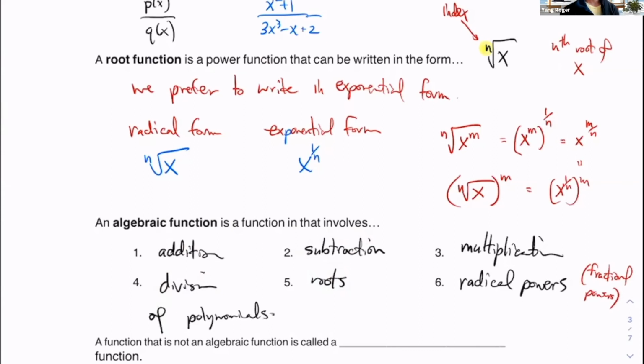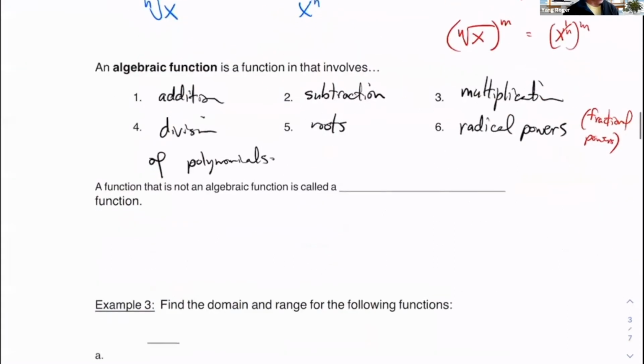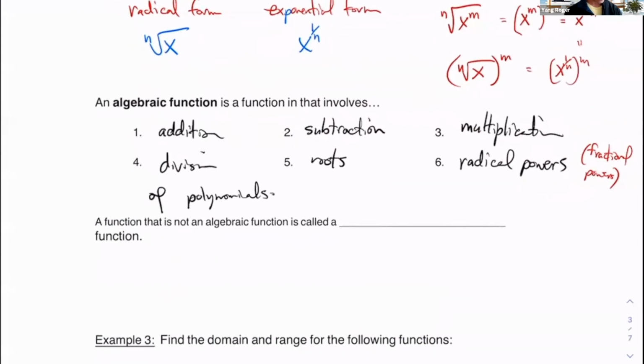Functions that are not algebraic are called transcendental functions.